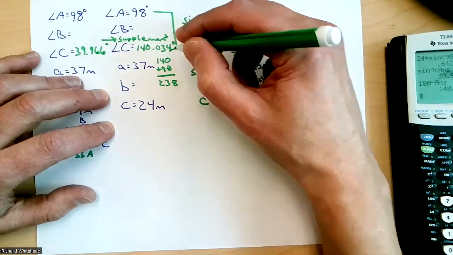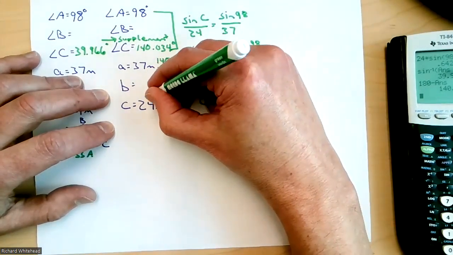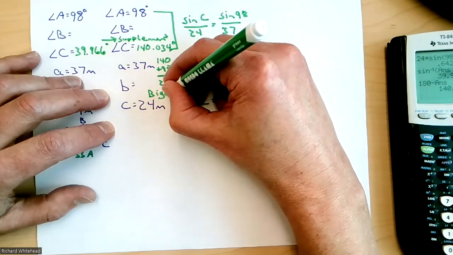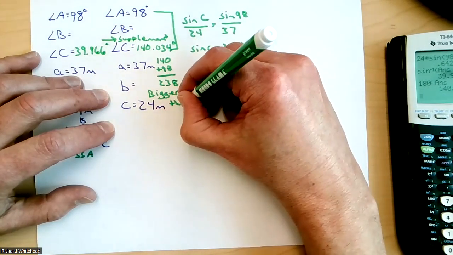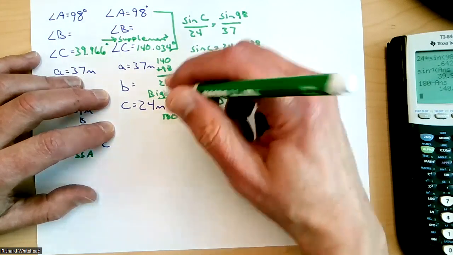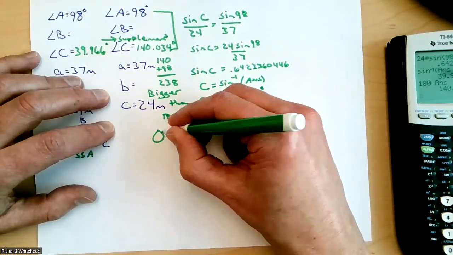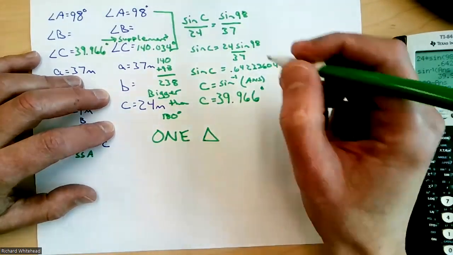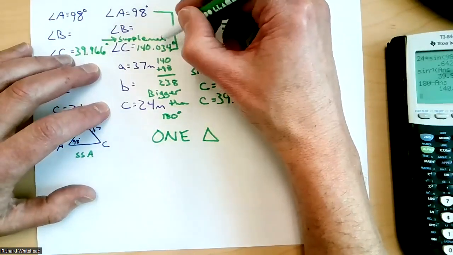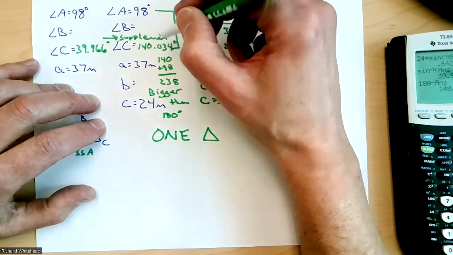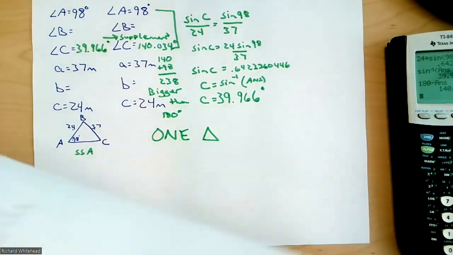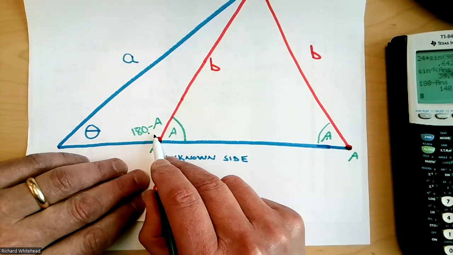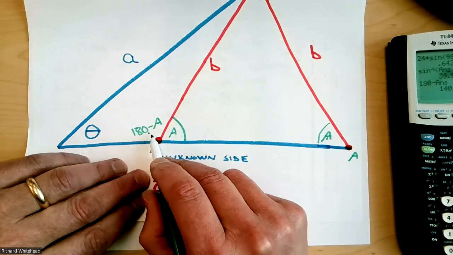That's way too big. It's bigger than 180. Thus, this would only be one triangle. I can't make a second triangle because the supplement was too big.